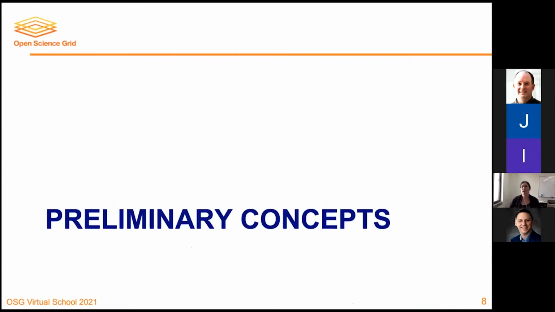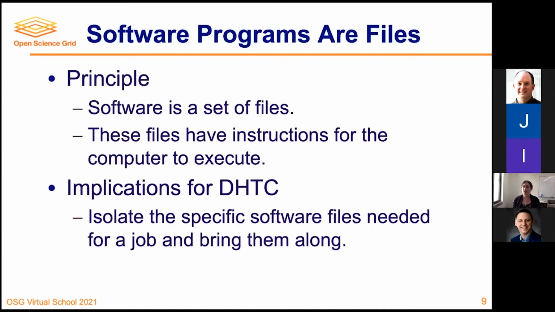We're next going to talk about some concepts or ways of thinking about software that are going to be important for running on a distributed high throughput system, and for making our software portable, and how some of these pieces fit together. So the first concept is that software is files.